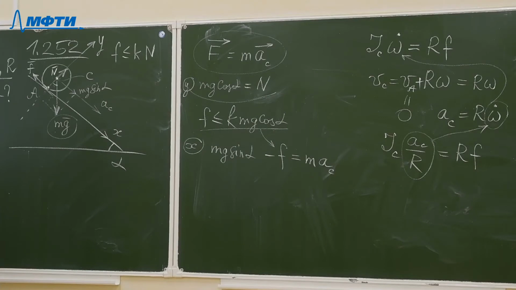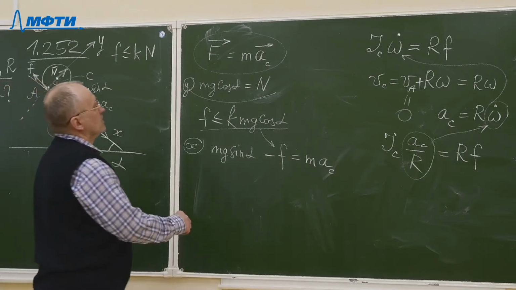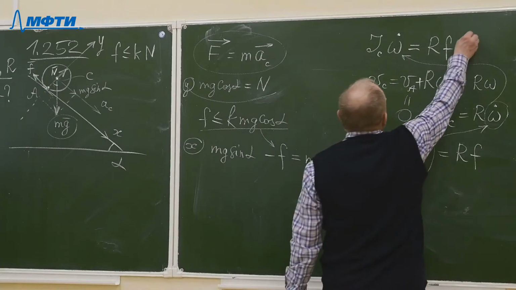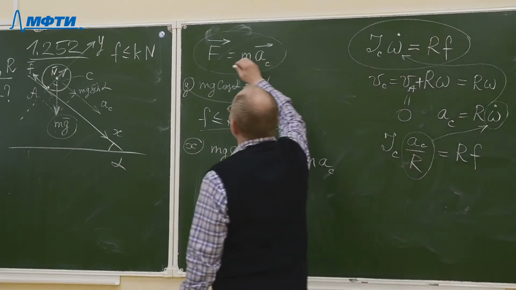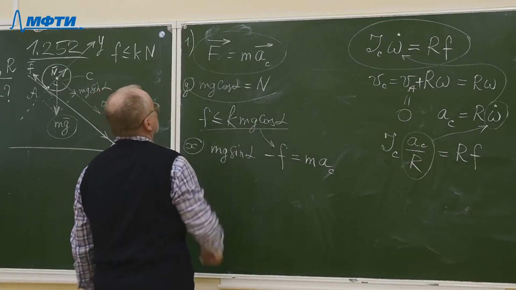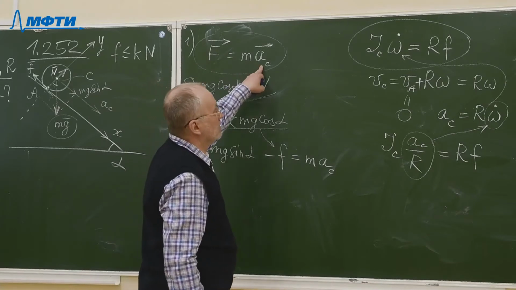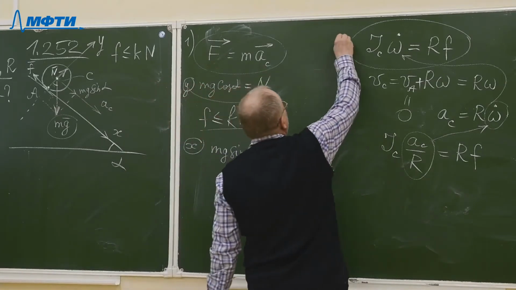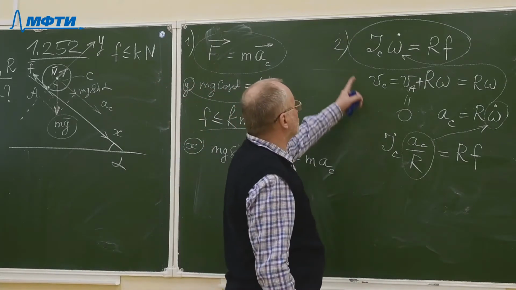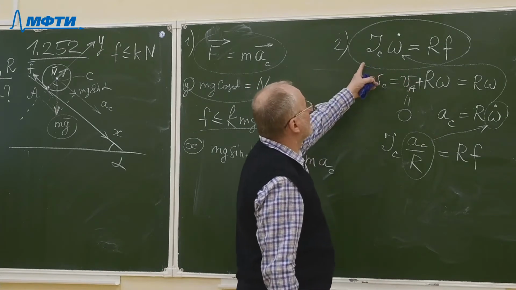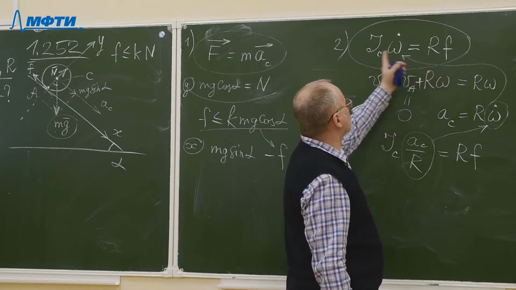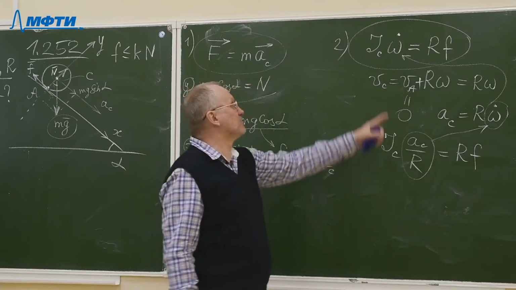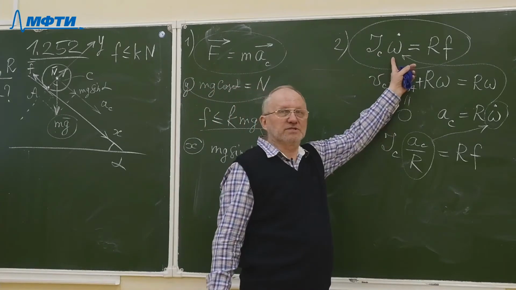So I consider two different laws of physics. The first law was the law of motion of the center of mass of the solid body. And the second law is the law of moments, the law of external torque, law of accelerated rotation of solid body.